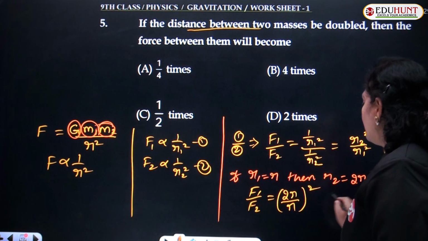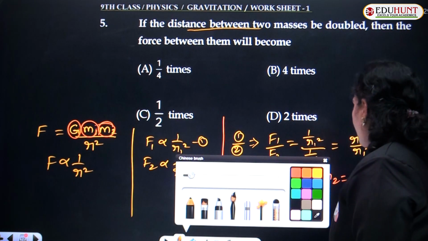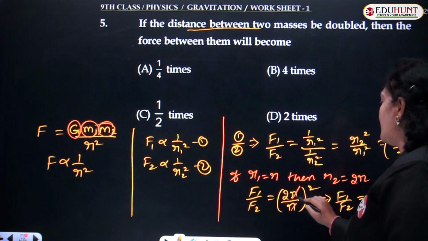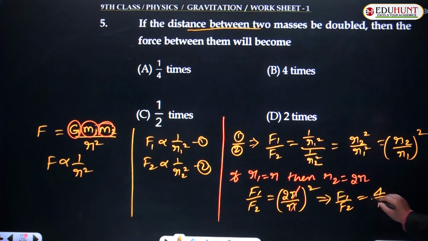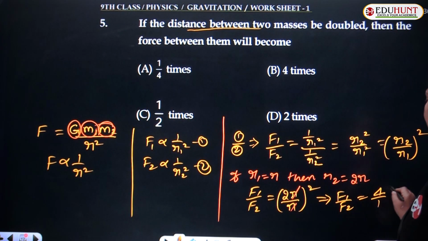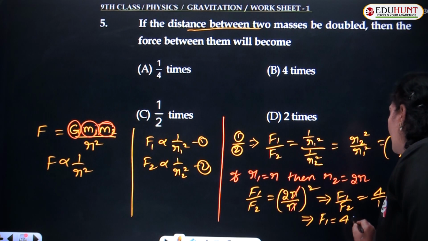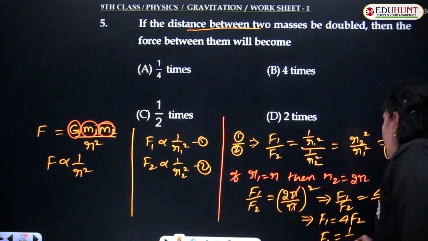Solving this, R and R get cancelled, and hence the value of F1 upon F2 is found to be 2 square, which is 4 upon 1. But you are asked to find the value of F2. Cross multiplying, 1 into F1 is F1, 4 into F2 is 4F2. So F1 equals 4F2, or F2 is found to be 1 by 4 times F1.